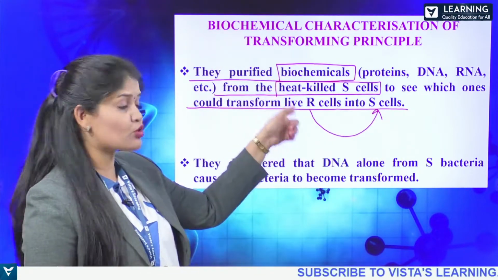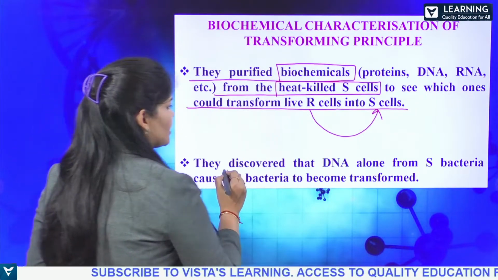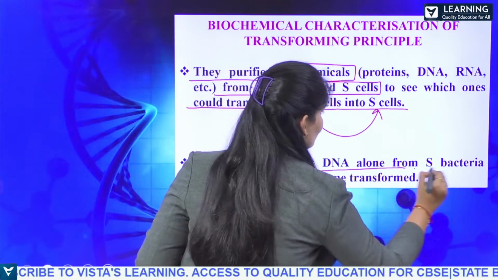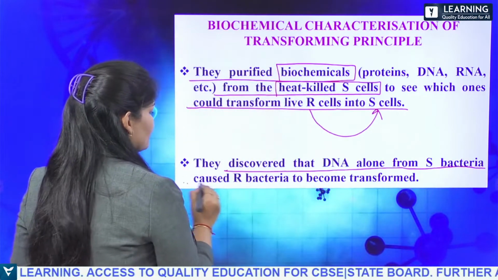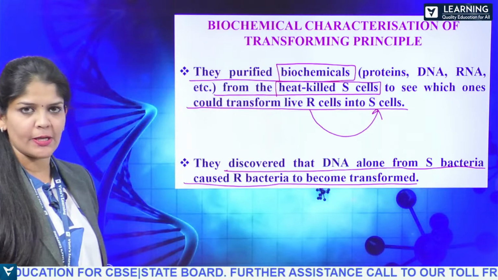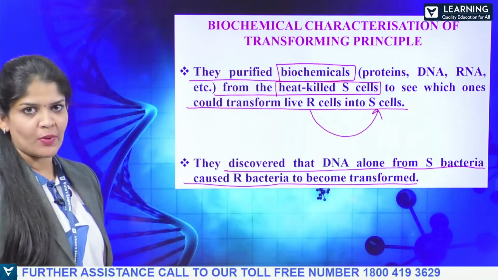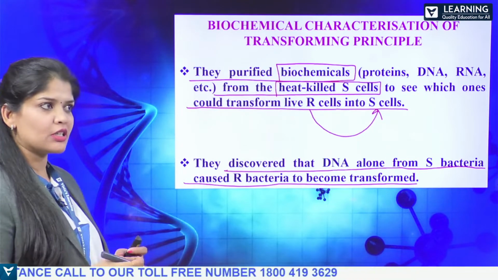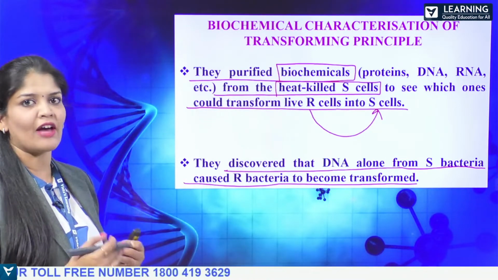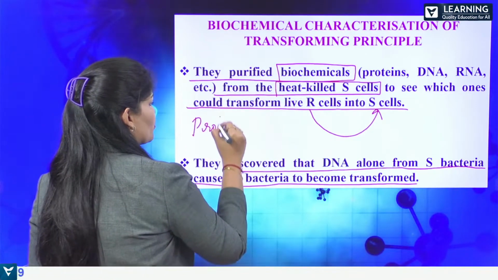That means R strain to S strain. So here, they discovered that DNA alone from S bacterium causes the R bacterium to become transformed. Before starting the experiment, they thought that the genetic material may be protein.